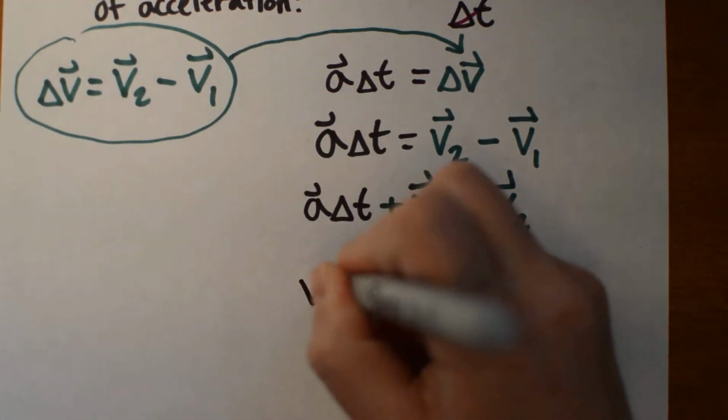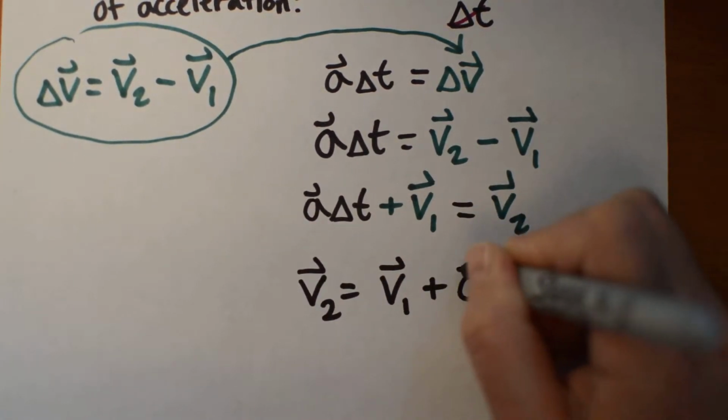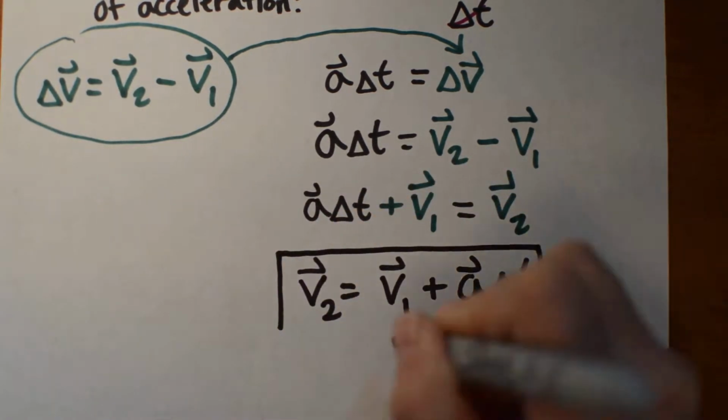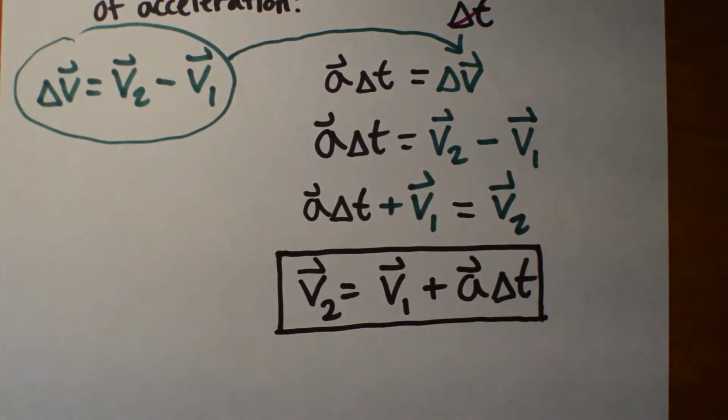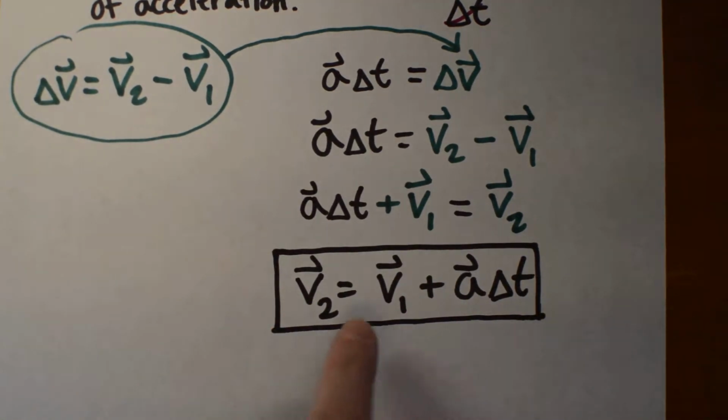So v2 on the left side is equal to v1 plus a delta t. And that is your first kinematics equation. Really handy because it's a nice, simple, easy one to use. If you know three of these things, of the final velocity, initial velocity, acceleration, or time, then you can find the fourth thing. Very helpful equation.